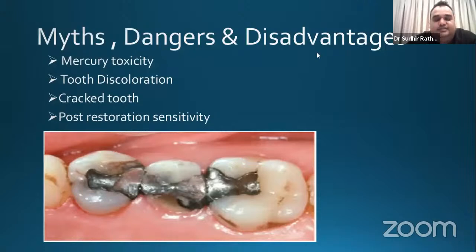Many dentists as well as patients are very concerned about the perceived toxicity of the mercury found in dental amalgam fillings. Dr. Moodley, I'm sure you'd like to come in here and elaborate a bit on the perceived toxic effects of mercury contained in dental amalgam.